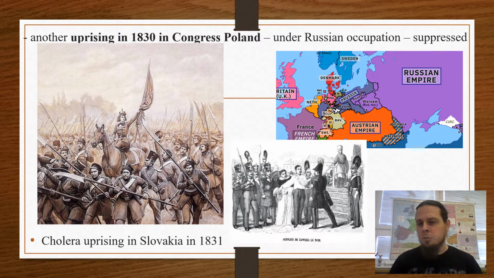For us, for Slovaks, it was important because Samo Chalupka was participating in it. He had a very bad scar from a Russian Cossack saber, and that's why he was wearing a scarf around his neck.